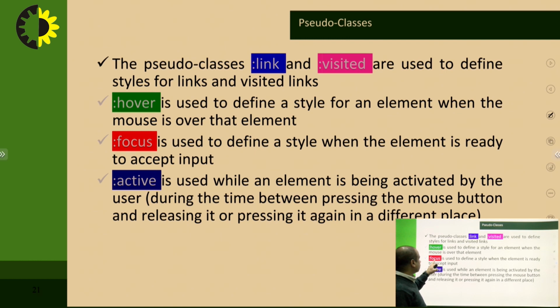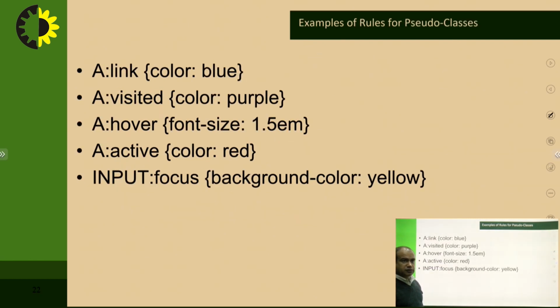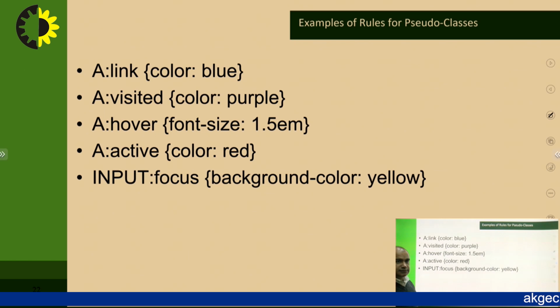Focus is used to define a style when an element is ready to accept input. Next, active link. It is used when an element is being activated by the user, during the time between pressing the mouse button and releasing it or pressing it again in a different place. So that is the example of pseudo classes.